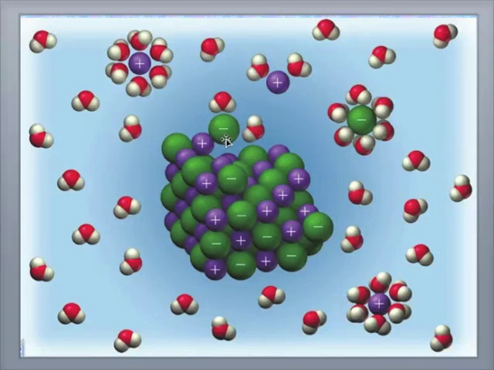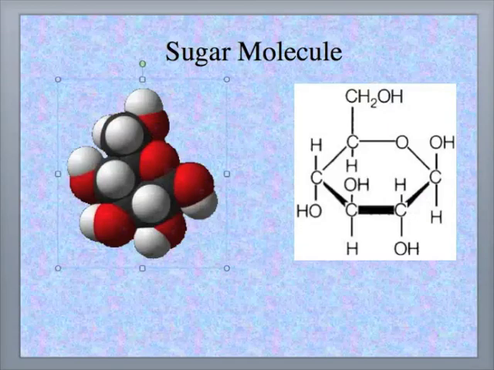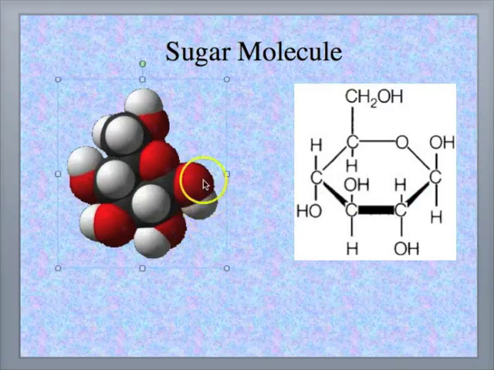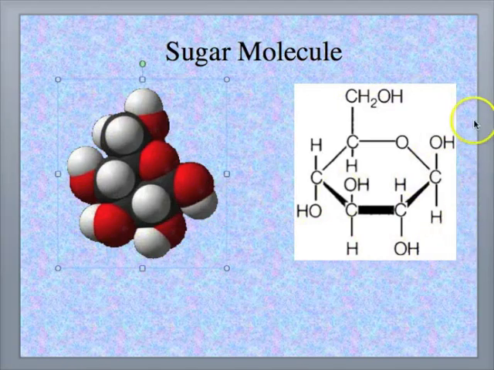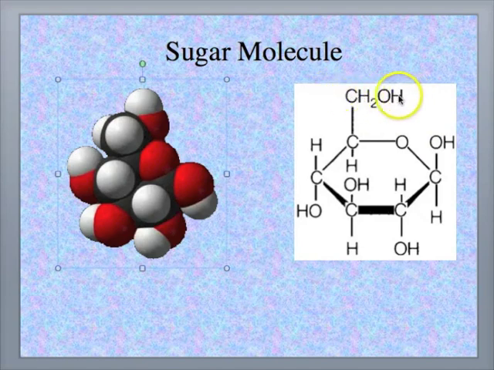Now what about sugar, you ask? Why doesn't it conduct an electrical current? Let's take a look at it. The sugar molecule, drawn here in a space-filling model and over here as a drawing, has a lot of oxygen-carbon bonds and oxygen-hydrogen bonds.